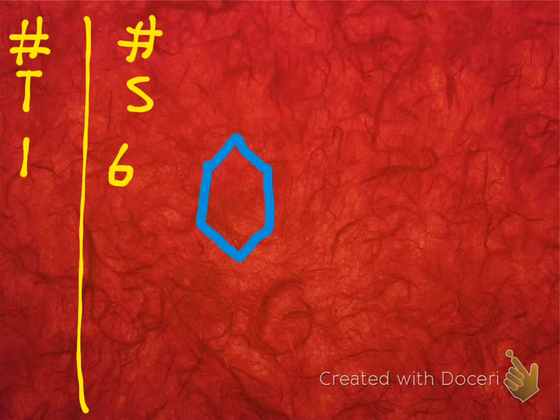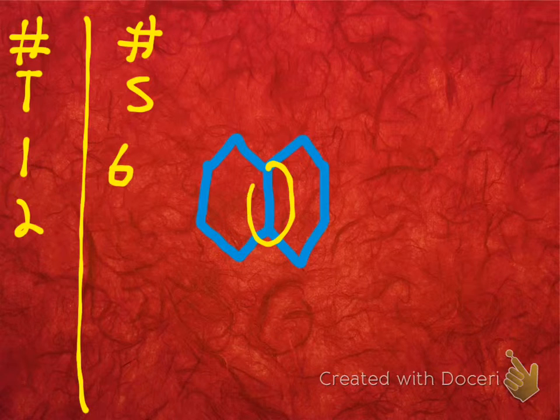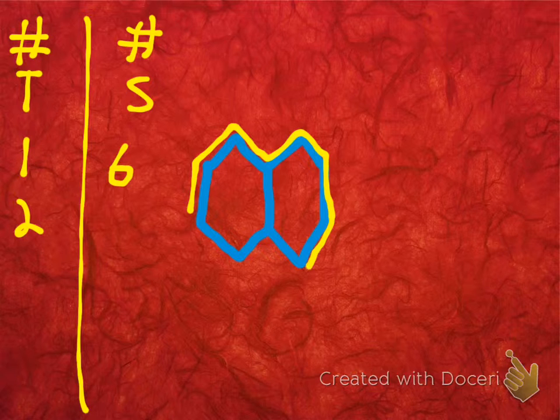Now, if I add another table, how many seats do I have now? 12 is the most common answer, but it is wrong. Can you sit right here? No. Not unless you're sitting on the table. Count them. 1, 2, 3, 4, 5, 6, 7, 8, 9, and 10.